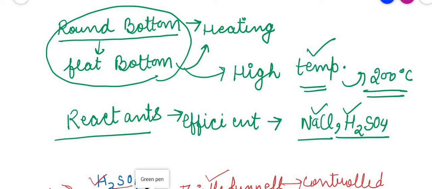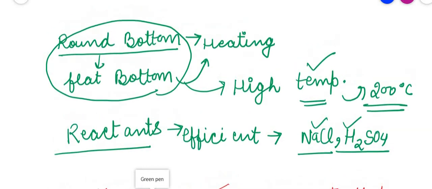The next question is why concentrated nitric acid is not used during the reaction. Concentrated nitric acid is not used during the preparation of HCl because it is volatile in nature.